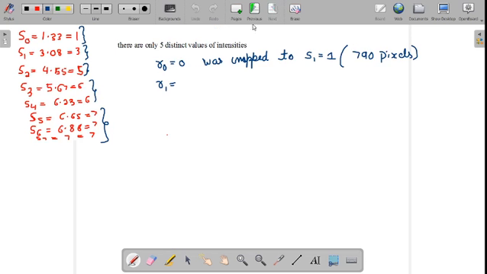So here we'll be writing this as R1 was mapped to S3, which is equal to 3.